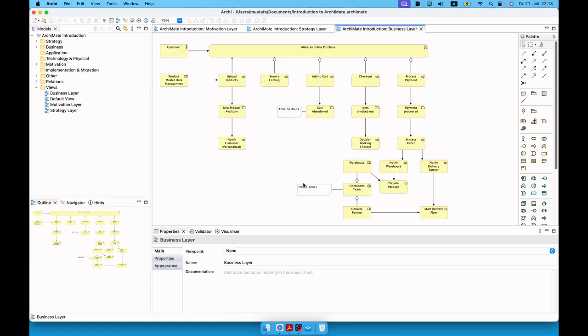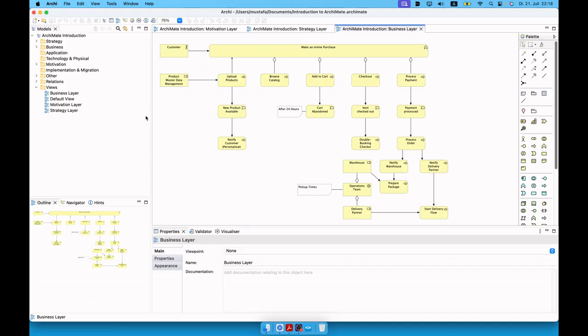We have shown the actors, the roles, the business functions, business processes, and business events, and finally a collaboration of two roles to bring together business value to our customer.